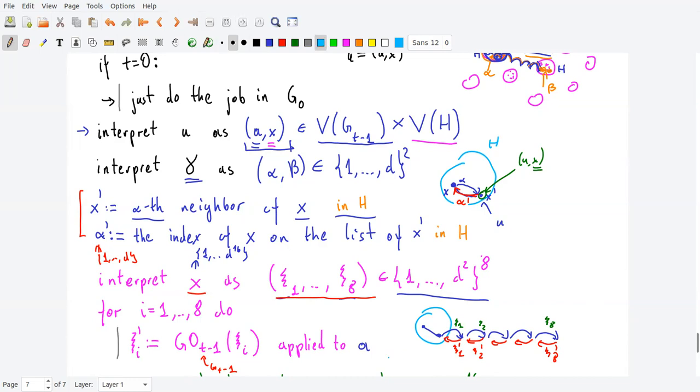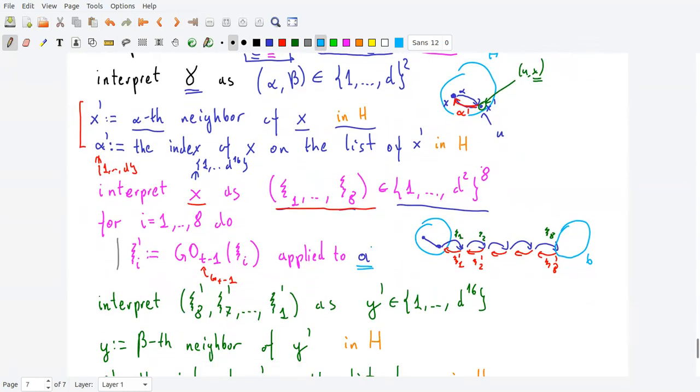So by doing this, I apply this to this vertex A of G_{t-1}, and I ended up with some cloud B. So A is being transformed by those Go operations into B, which is another vertex of G_{t-1}. This is just the application of where I should go in G_{t-1} based on where I ended up in this cloud.